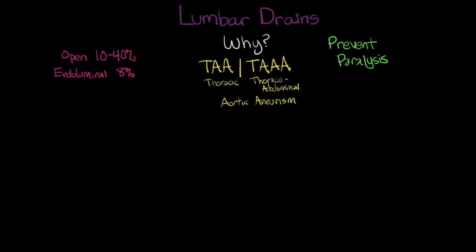And the reason that these patients are at risk for paralysis is that during the surgery, they do a cross-clamping of the aorta. When they cross-clamp that aorta, this will lead to spinal cord ischemia.